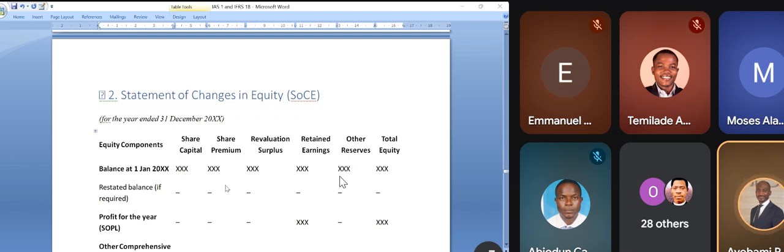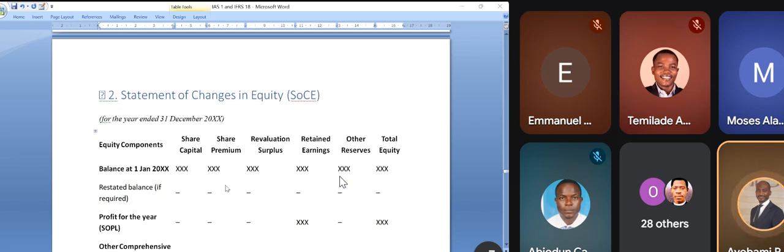Now, if you issue shares, you know that when you are issuing shares, you're also issuing to the current shareholders. You know exactly you have 100,000 current shares. You are now issuing, and you know that your current ordinary share is being sold for 1 naira per share.